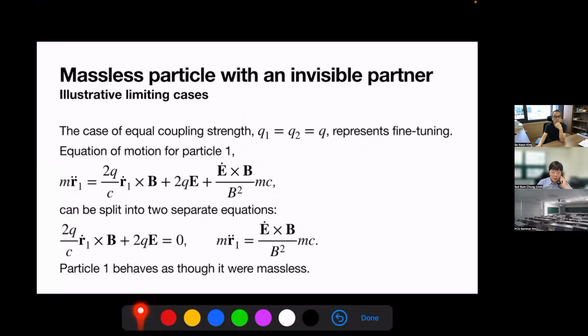However, in addition to a mass and the renormalization of the electric charge, integrating out the partner produces a funny new force. And this funny new force can mask the presence of the mass. You can interpret it that way. So the kinetic energy is definitely there, but it can be masked by the presence of additional forces that appear like so.